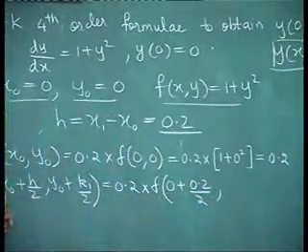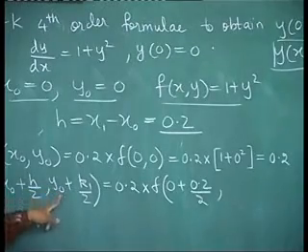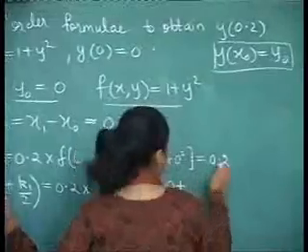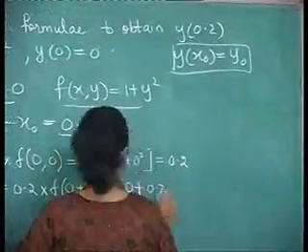Simultaneously you can do the calculation, that way you will understand this better. y naught is 0, K1 is 0.2.